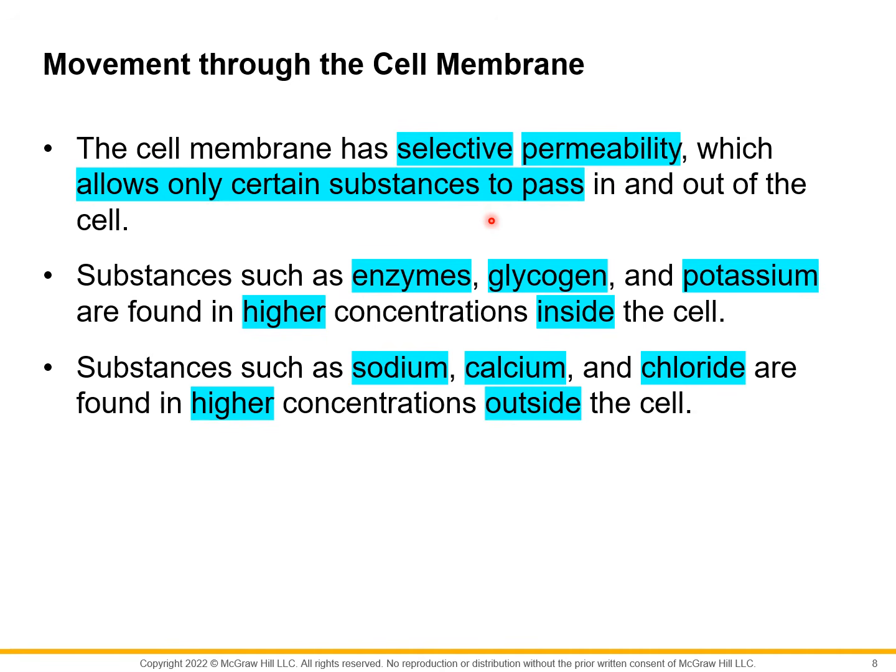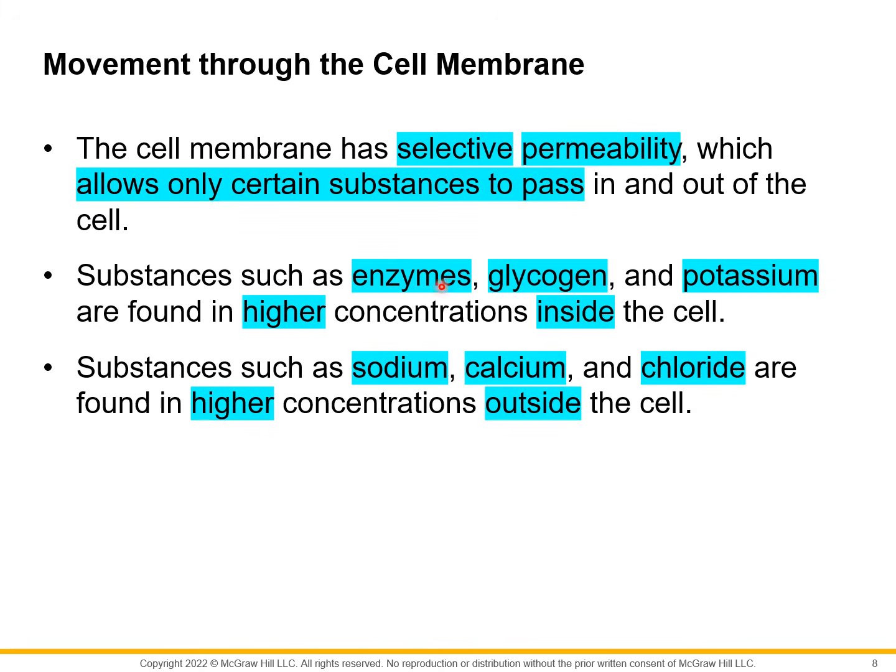Right, so substances such as enzymes, glycogen, and potassium are found in higher concentrations inside of the cell. So sa loob daw po ng cell, pwede nating i-expect na mas maraming enzymes, mas maraming glycogen, which if you would remember from the past discussion, is usually a storage form of energy, or a carbohydrate storage form of energy, and potassium, which is a type of electrolyte.